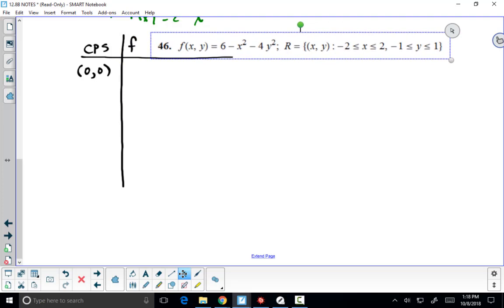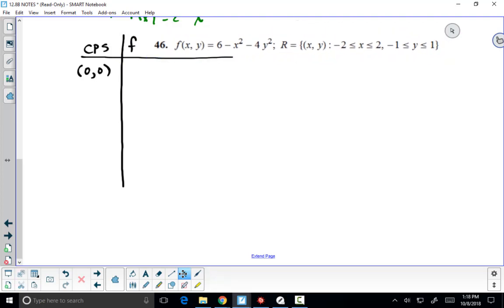And let's evaluate it at 0, 0. We already did that. Plug it in, 0, 0. We get a function value of 6. We'll see that that's going to be the absolute max. We already know it's the absolute max because of our second partials test. And then we have to test our one variable critical points. So we are over at 2, 0. And then the next one was 0, 1. And then we had negative 2, 0.